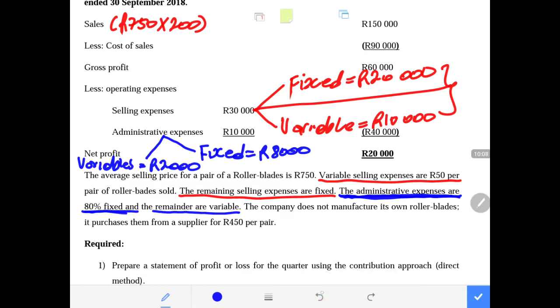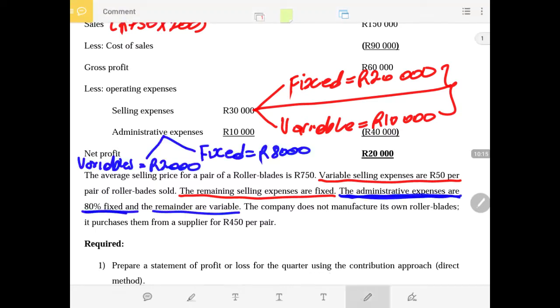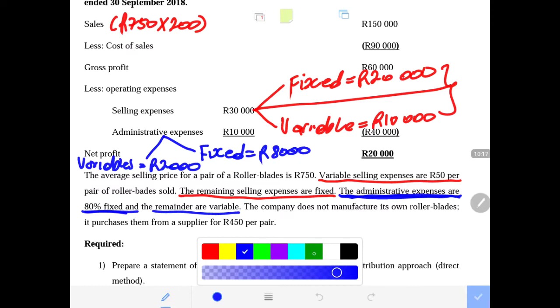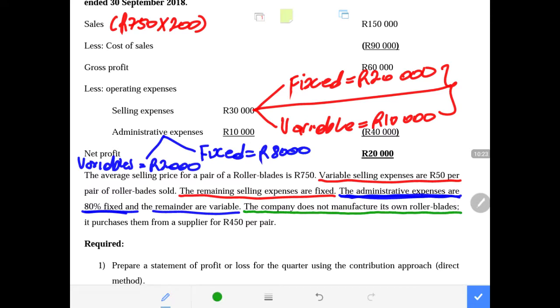Now, on that same note, we go to the last information given to us in the last sentence. The last sentence says that the company does not manufacture its own roller blades. It purchases them from a supplier at a cost of 450 per pair. Then the question will be, how much are our purchases? We know that purchases will be inventory, which is also a variable cost.